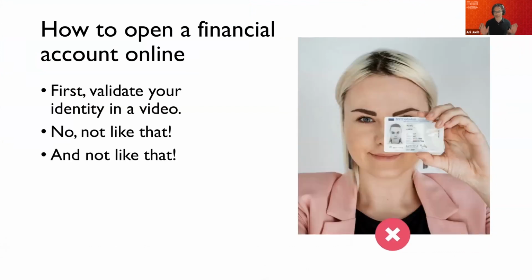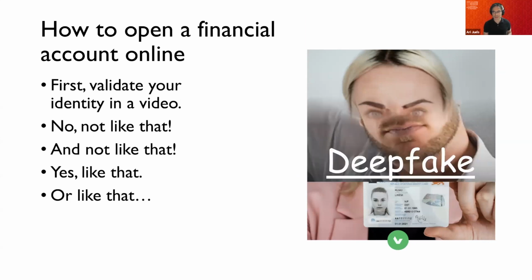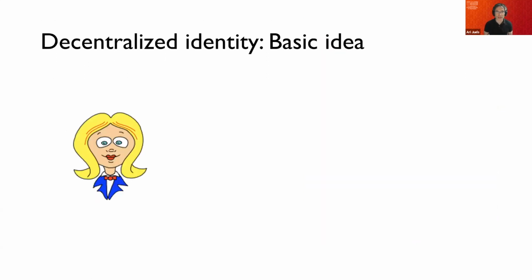And no, you don't do it like that because then the identity document is covering your face. So yes, you want to do it like that, exactly like that, hold still, or you could potentially do it like this. The point is that this process of proving your identity via video in a manual way is cumbersome, and it's also prone to fraud. And this is part of the motivation for exploration of decentralized identity.